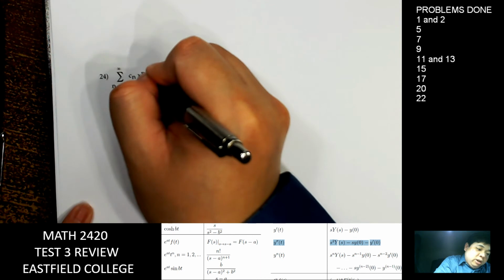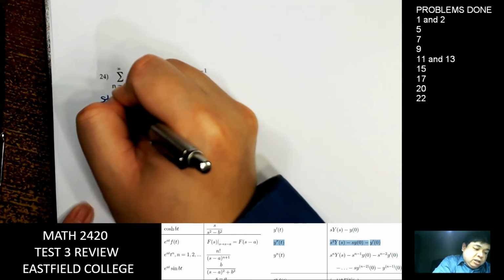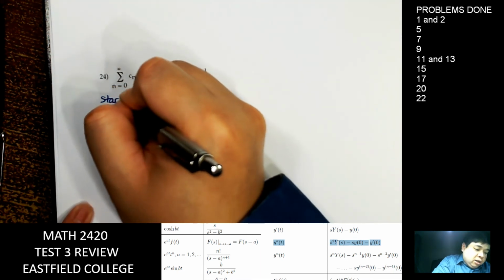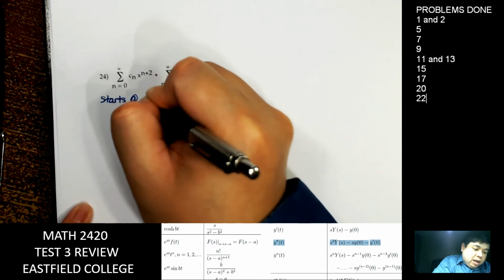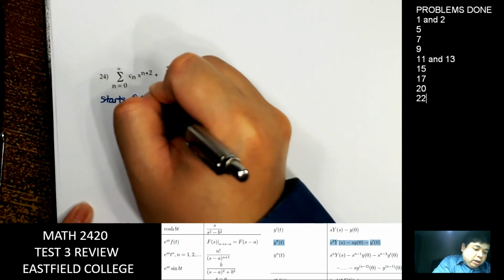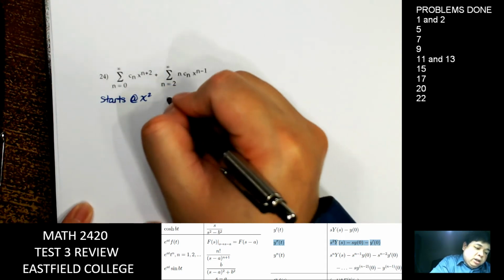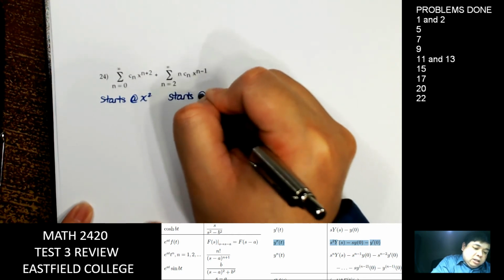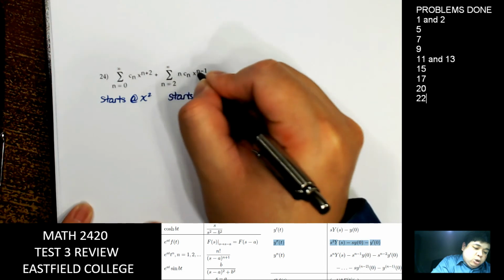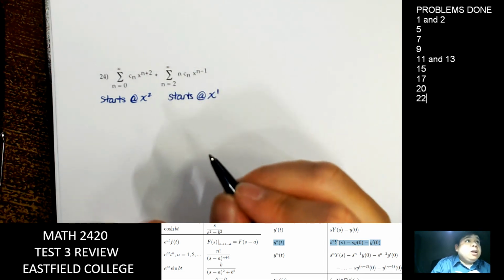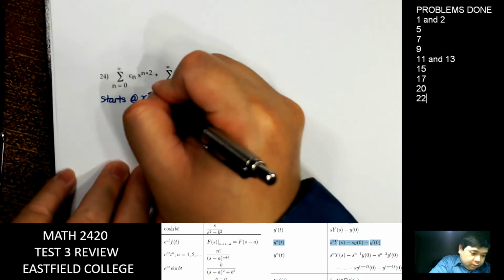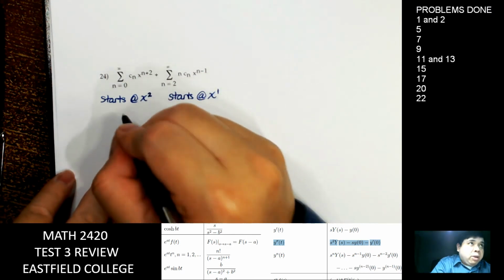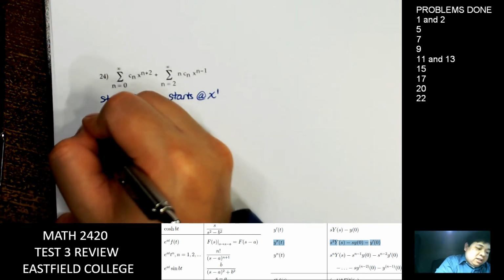So put 0 in for n. The series starts at x squared. Put 2 in here. The series starts at x. 2 minus 1 is the first. So we have 1 start from x squared, 1 start from x.